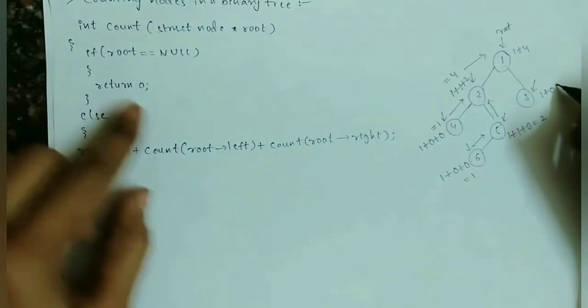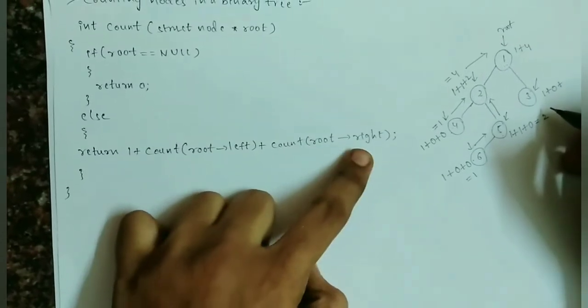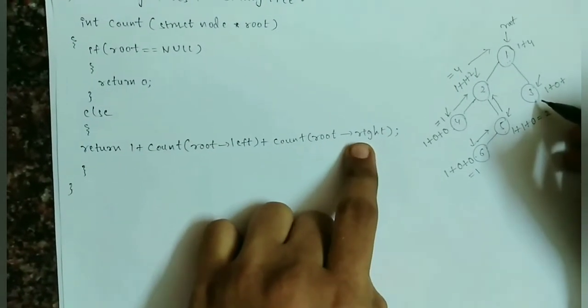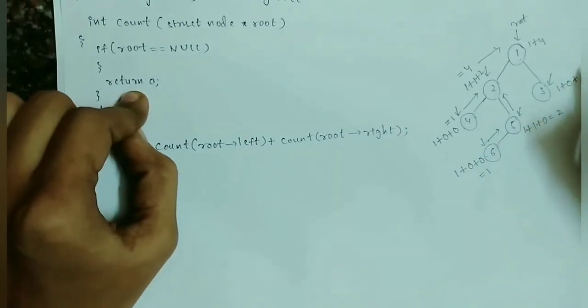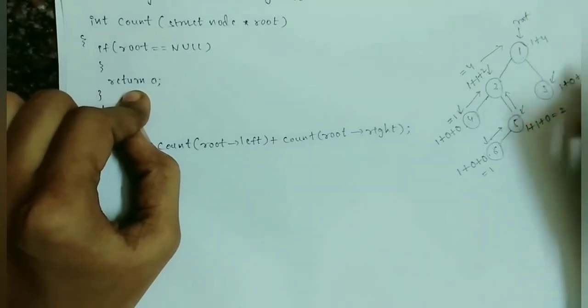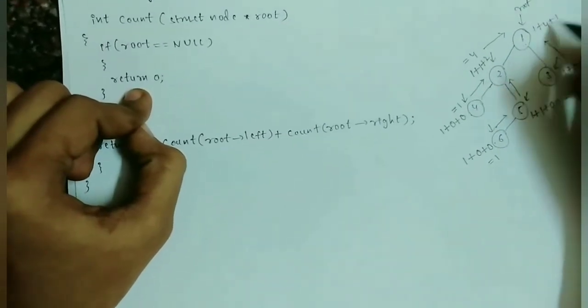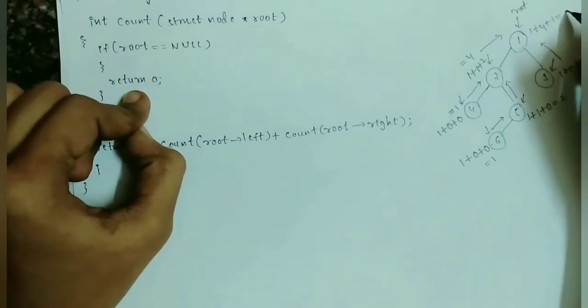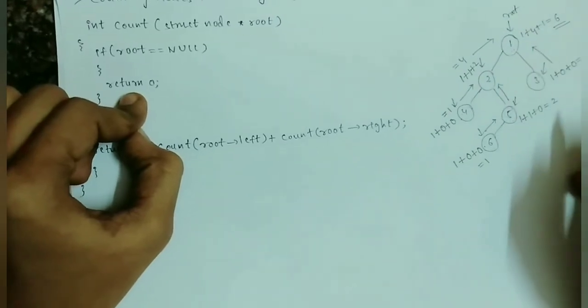Now it checks the right subtree. Nodes are not present, the pointer points to null, the if condition becomes true, and again it returns 0. The sum becomes 1. It returns the value to its parent node, which adds up, and the sum becomes 6. The number of nodes present in the binary tree is 6.